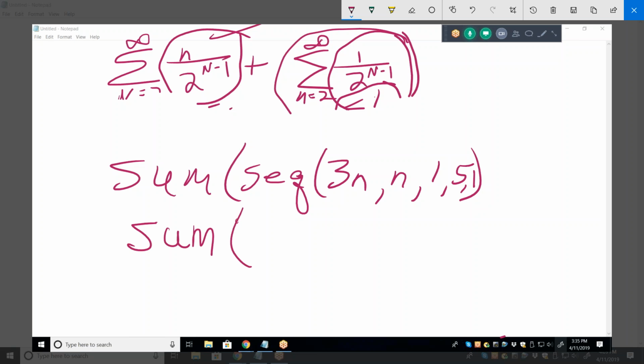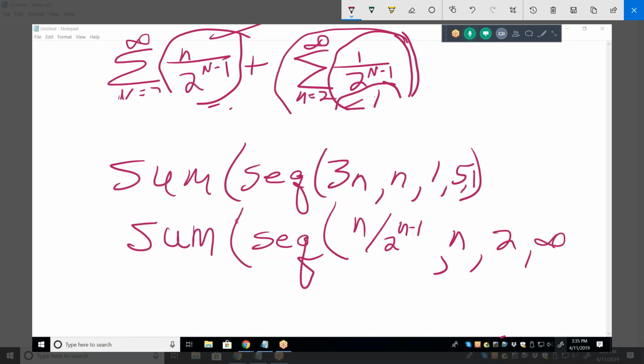So if we want to figure out the sum on the left, I think we'd have to put it in like this. Comma, n, comma, 151. I would normally say that this is going to go from 2 to infinity.